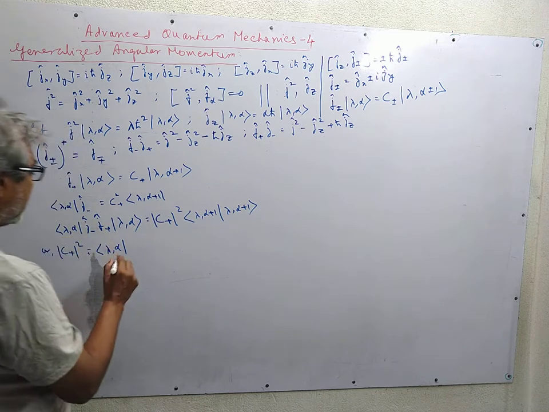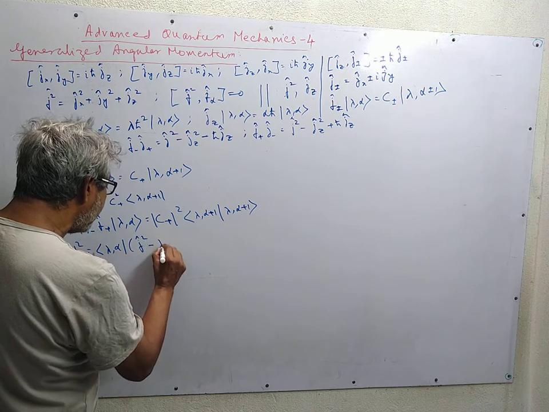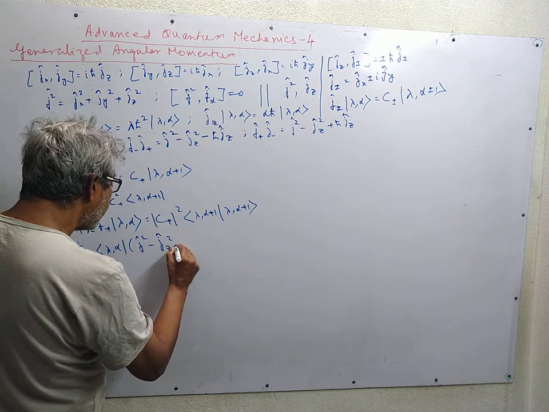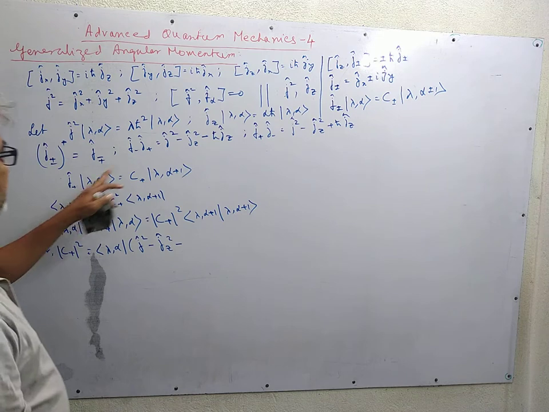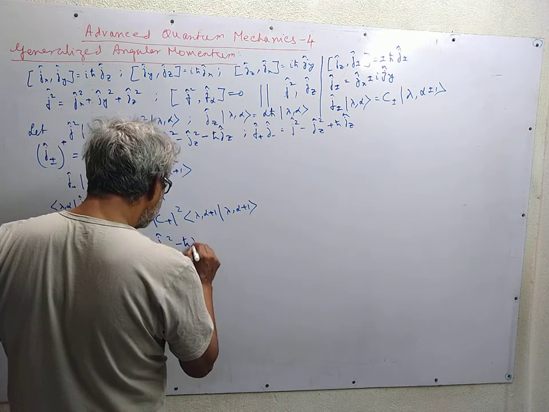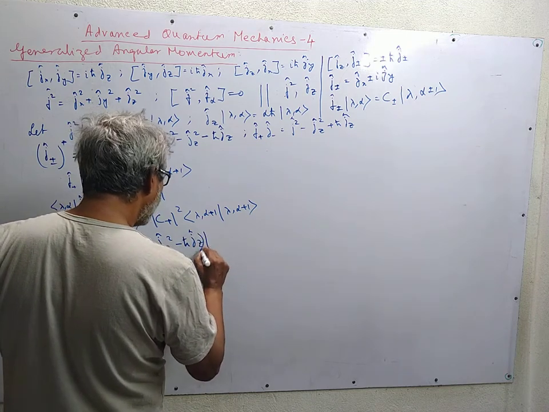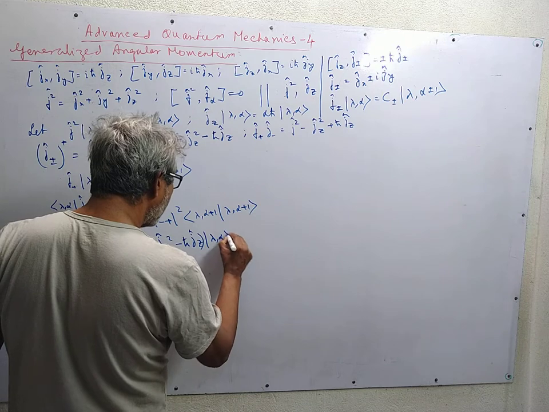We write J minus J plus, this is J square operator minus Jz square operator minus plus h line Jz operator operating on lambda alpha.